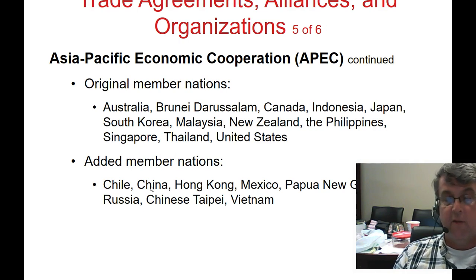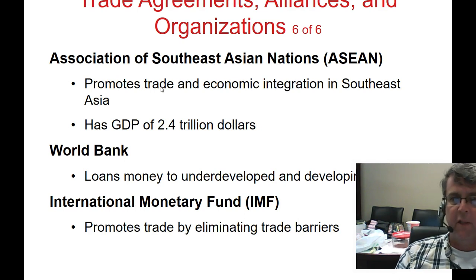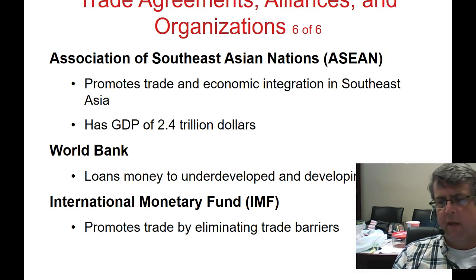Since then, China is a big one you've seen added, Chile, Hong Kong, Mexico, Papua New Guinea, Russia, Chinese Taipei, which is Taiwan, and Vietnam. ASEAN promotes trade and economic integration in Southeast Asia. This is mostly a network of countries like Vietnam, Laos, Cambodia, those types of countries.